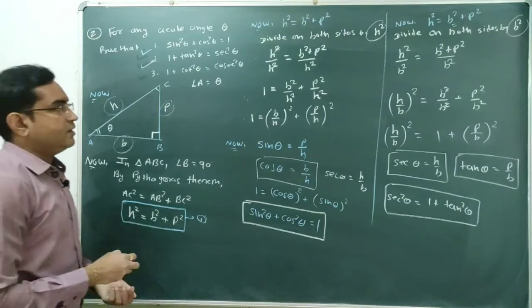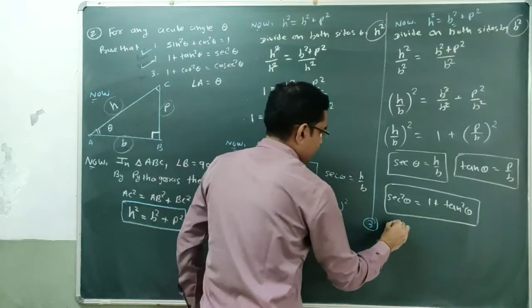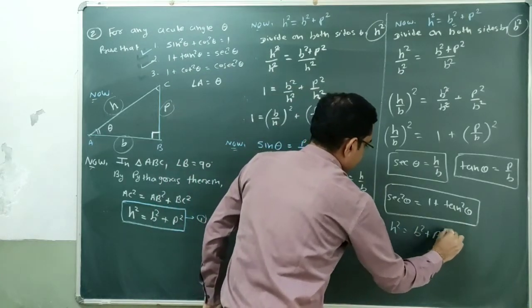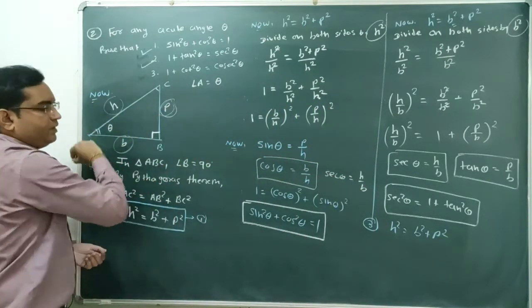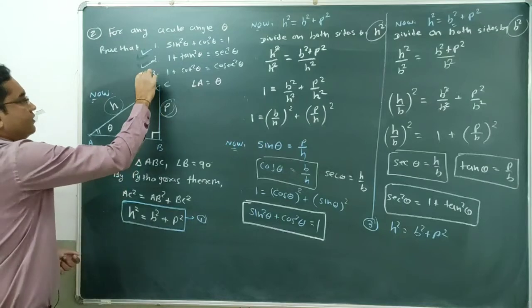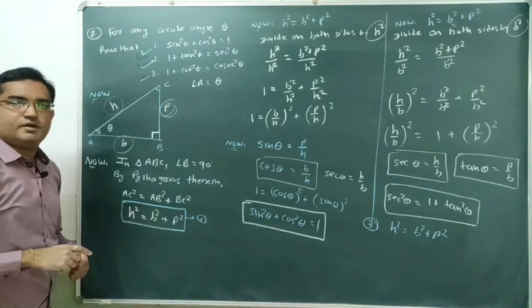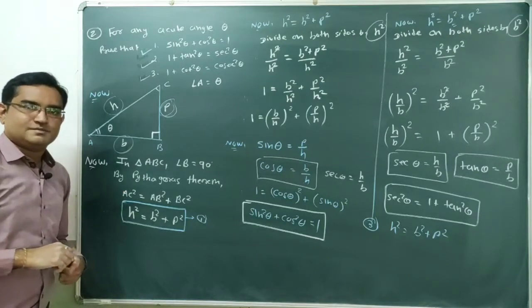By a similar method, dividing this equation h square equal to b square plus p square on both sides by p square, we can derive this third identity that you should try by yourself. Done? So now pause this video and note it down.